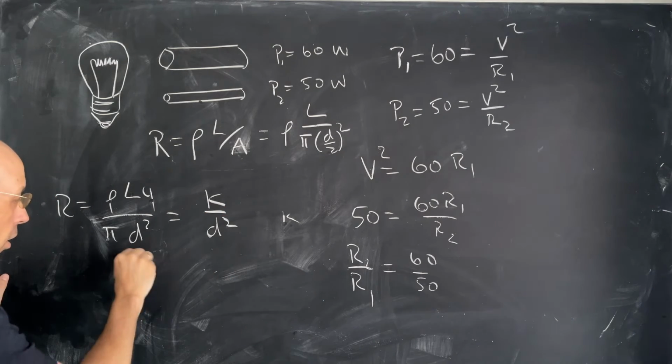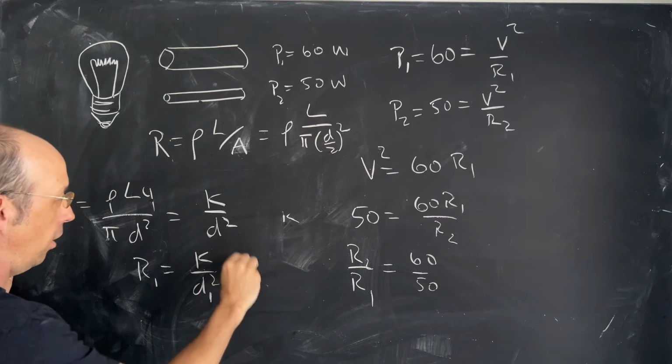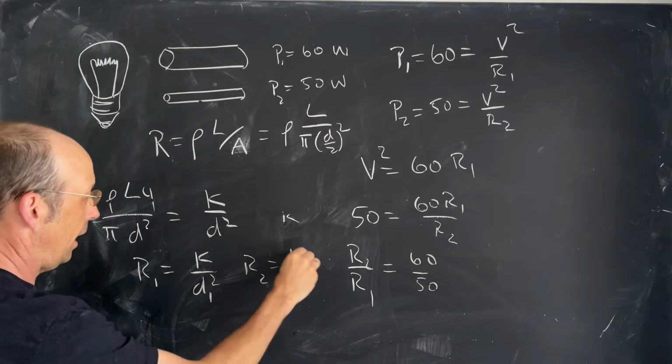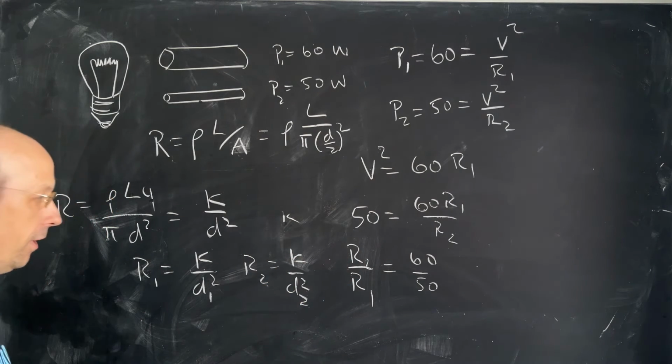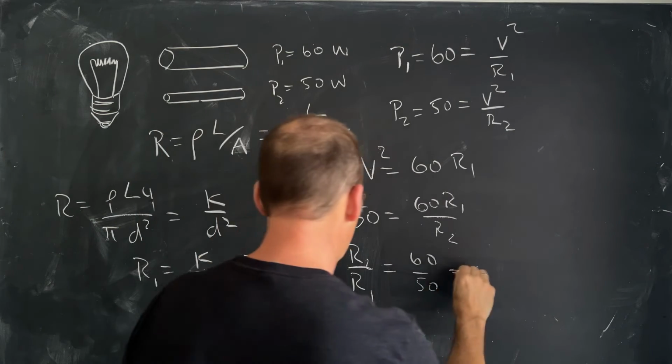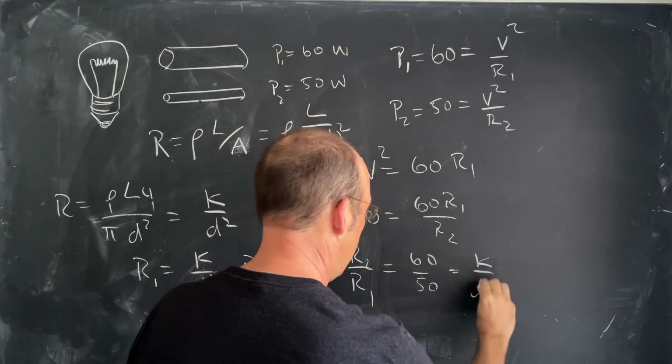So that means that R1 is k over d1 squared, R2 is k over d2 squared. Now I can put those in over here, and I get R2 is this, so it's k over d2 squared.